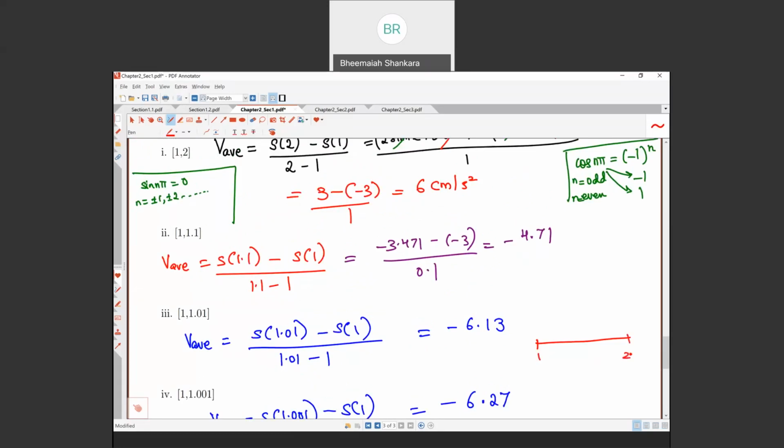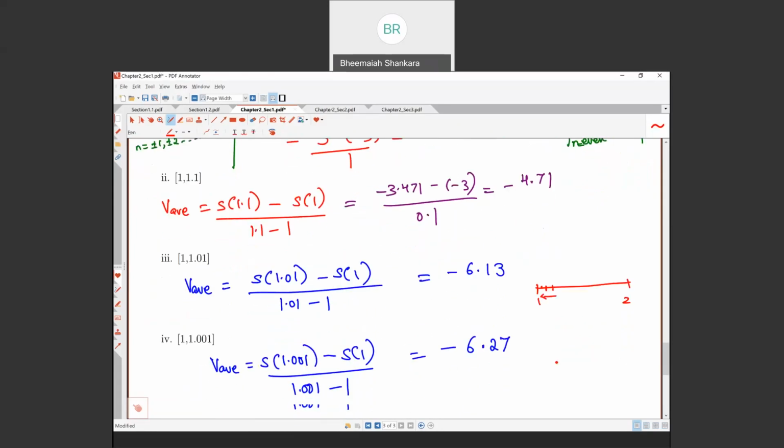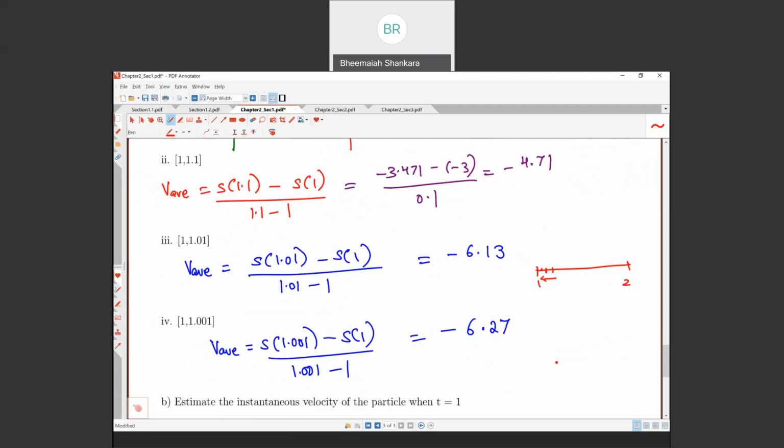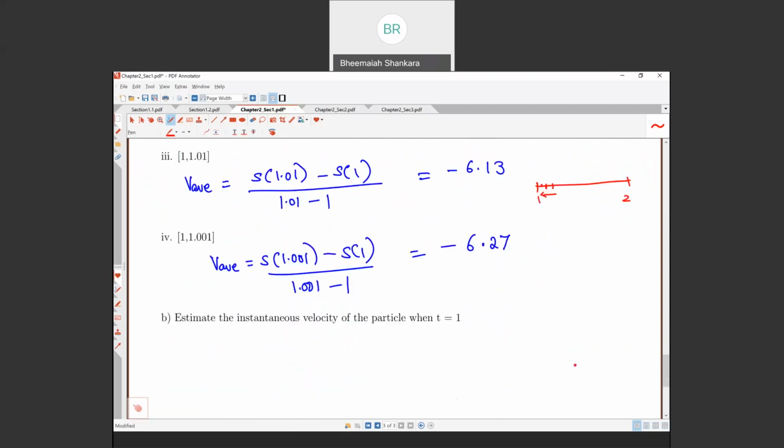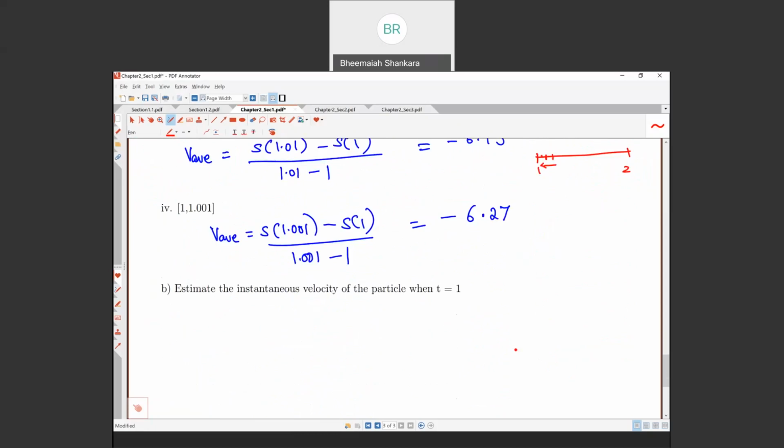We choose 1.1 and then 1.01 and then 1.001, which means we are making the interval smaller and smaller, and then we are calculating the average velocity expression value. So when you make the interval smaller and smaller and say the value of t is approaching 1, this is your definition for instantaneous velocity.